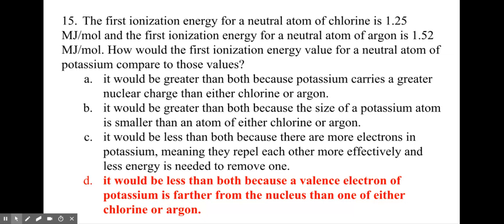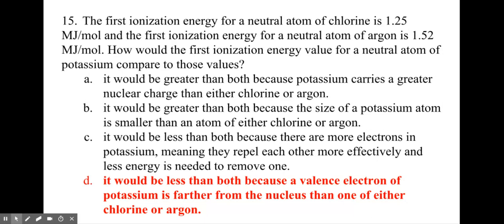So again, let's take a look and see where chlorine and argon are on the periodic table. Chlorine and argon are in the same period right next to each other. Chlorine is in group 17 and argon is in group 18, and so therefore that increase in first ionization energy is what we expect. But where's potassium? Well, it's right after argon at the beginning of period 4.